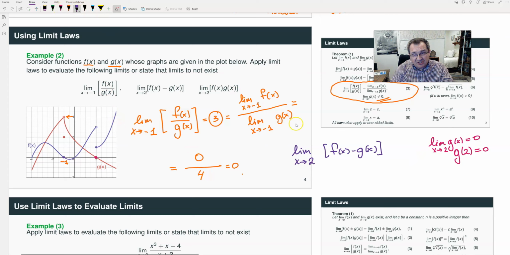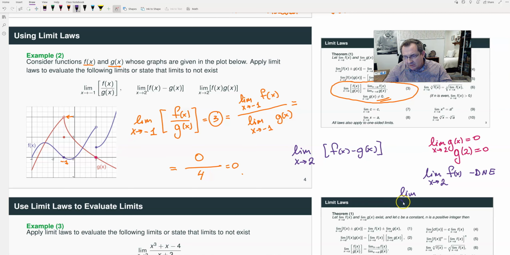However, for the function f, we notice that the limit does not exist. And you can see it by observing that both the left limit exists for function f and the right limit exists. Let's write it down.